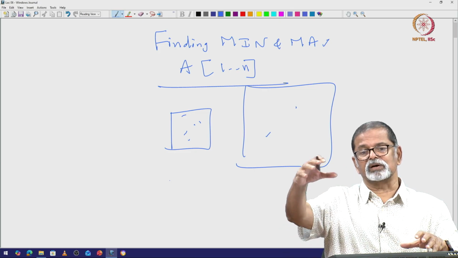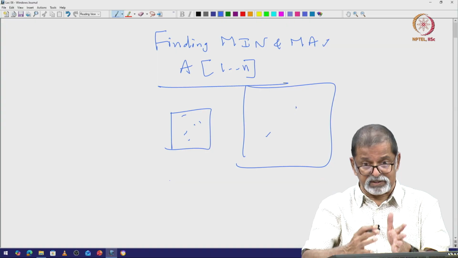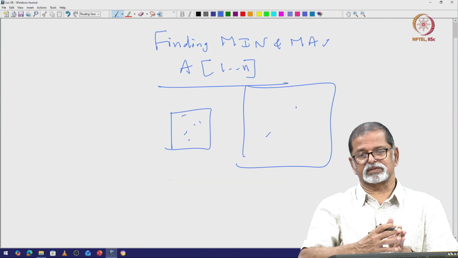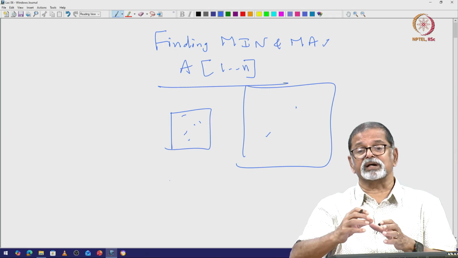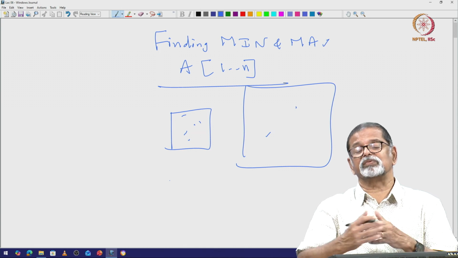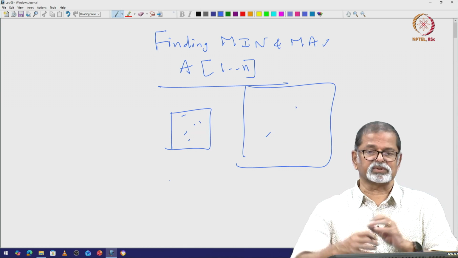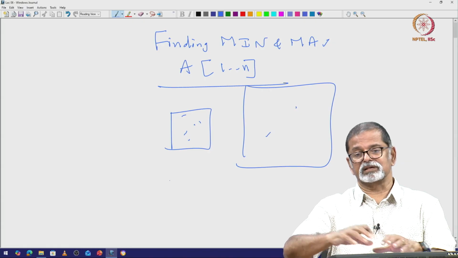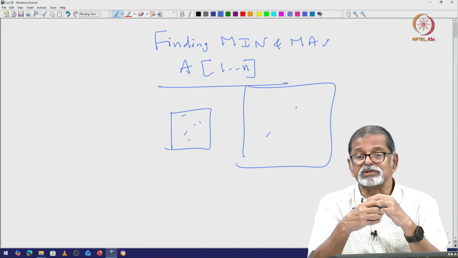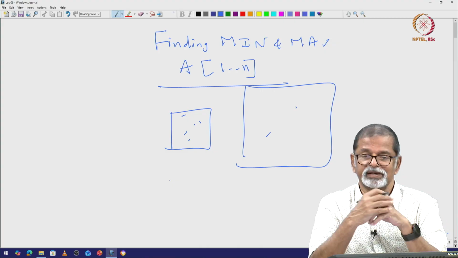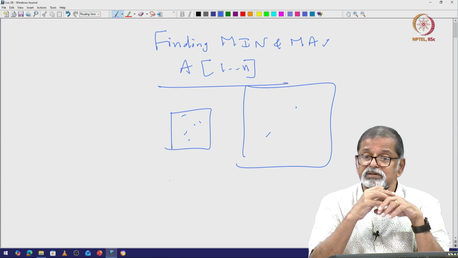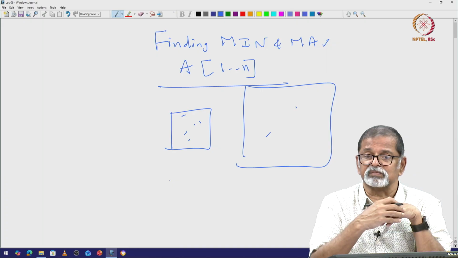When you zoom out, the rectangle expands or shrinks for the same set of points. So you have to find the maximum and minimum of the x coordinate values, the maximum and minimum of the y coordinate values, and so on. The algorithms behind zooming in, zooming out and spacing will frequently use finding the maximum and minimum of n numbers. That is the reason why a lot of research has been done on this problem.